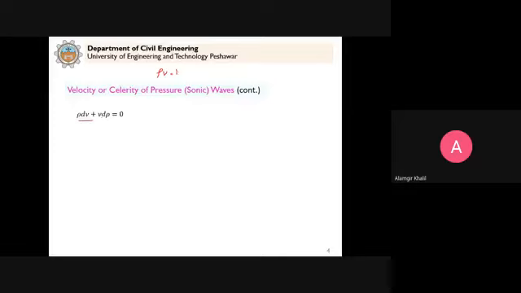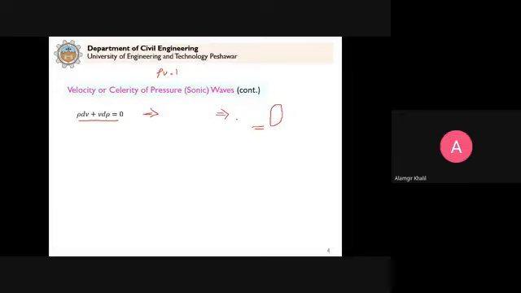So this is what we can write down here. Now if you rearrange this, this is what we get. Clear? And from here, minus d nu by nu is equal to d rho by rho.